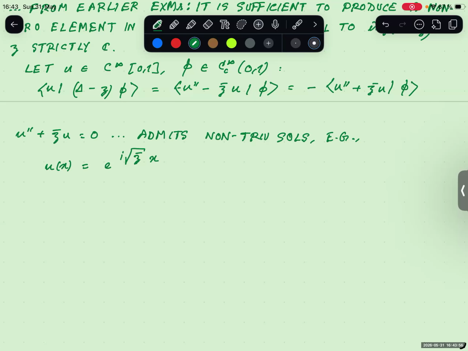Now we use this equation, and the solutions are orthogonal to the range of this operator.